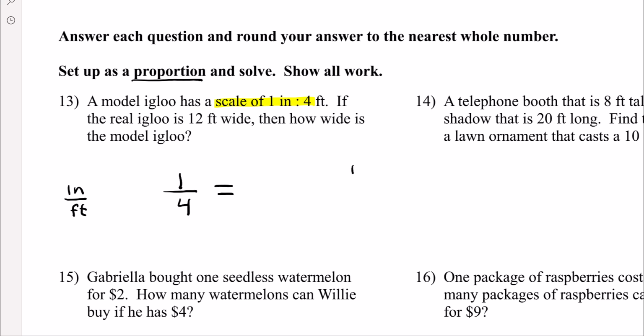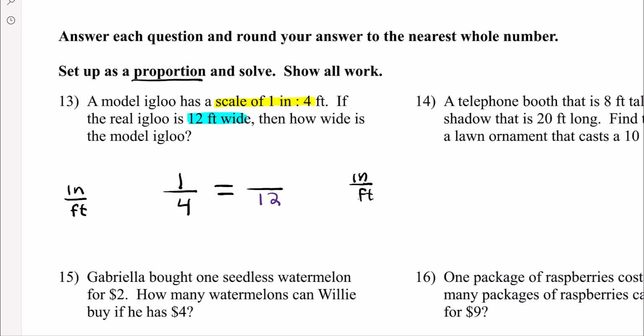So I know I'm going to put inches in the numerator and feet in the denominator. And then identify what they tell us. If a real igloo, they tell us the feet. So I know that is going to go in the denominator.